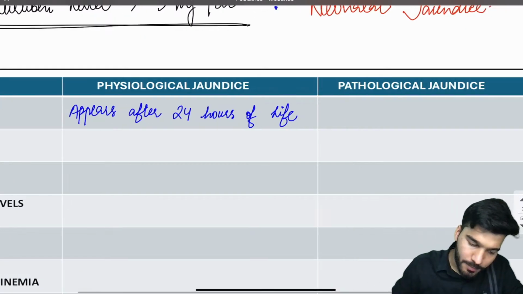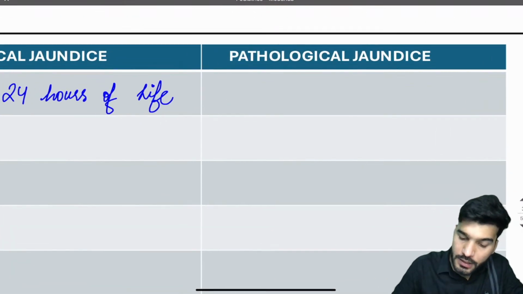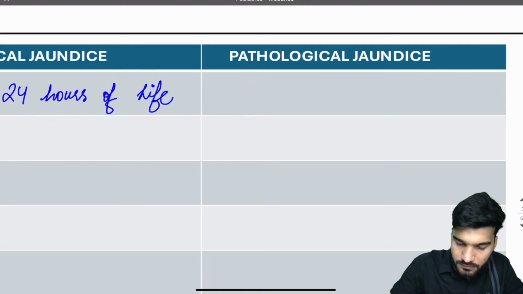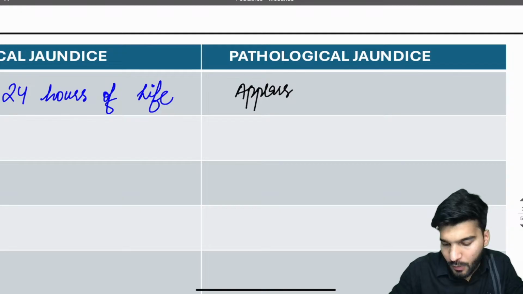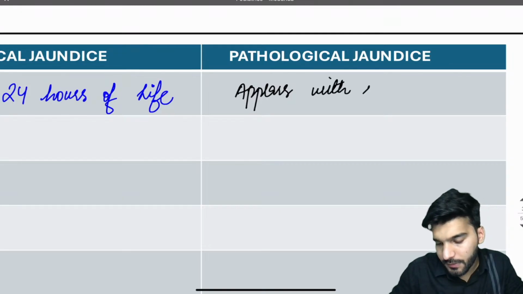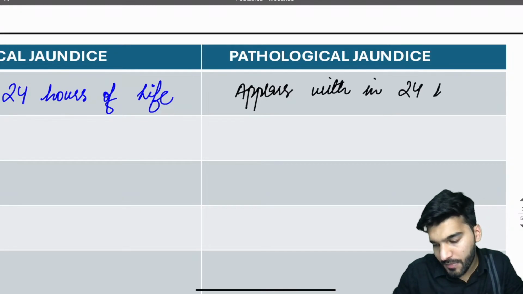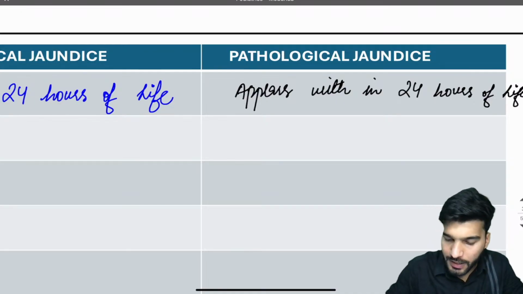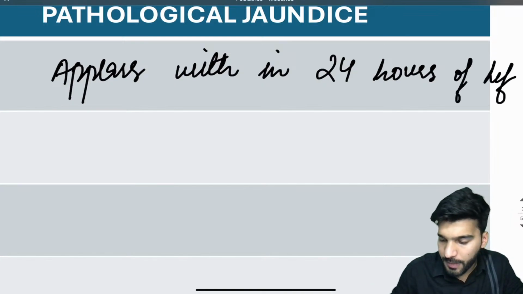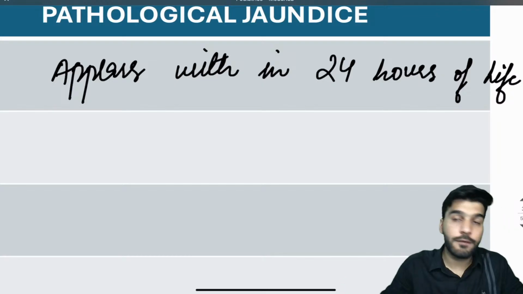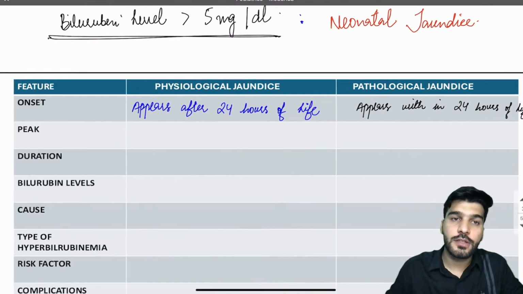Pathological jaundice appears within 24 hours of life. So whenever you see a question, please check the onset. It will be easy to crack the answer. If it appears within 24 hours of life, it's pathological jaundice, and if after 24 hours of life, it's physiological jaundice.